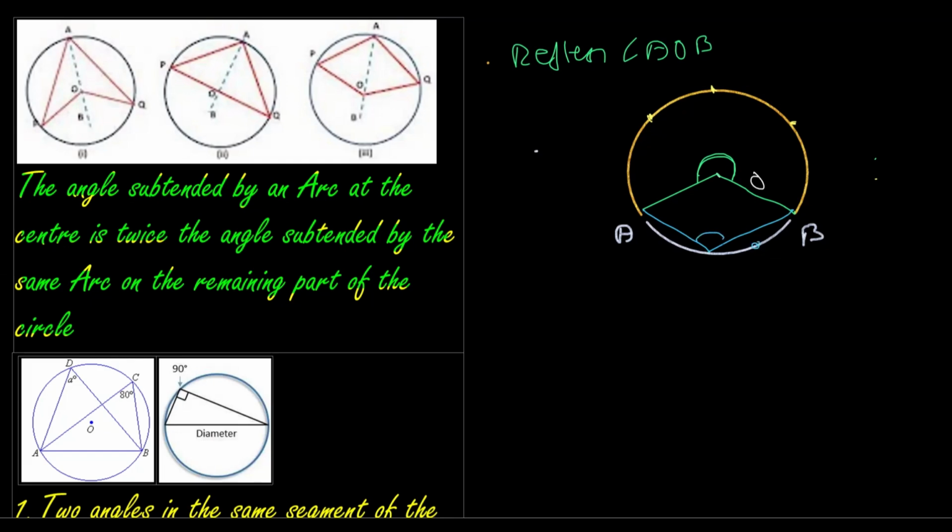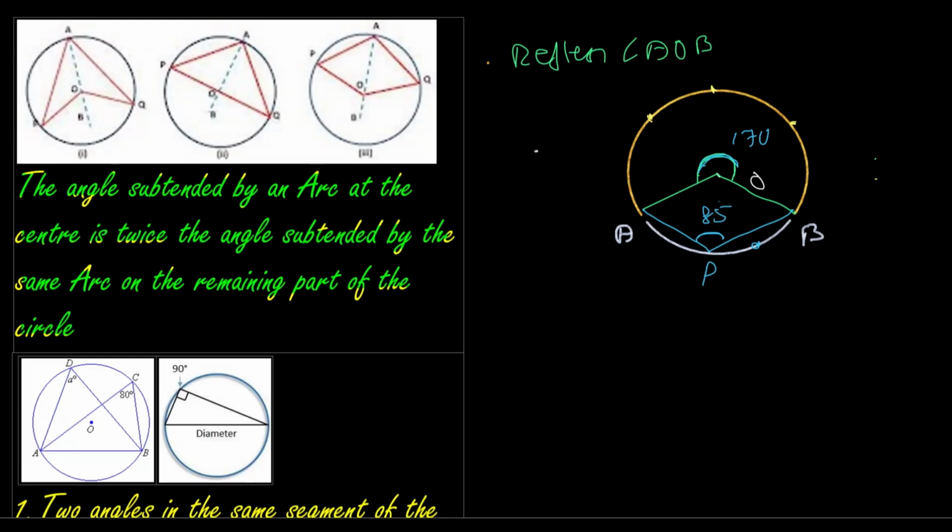Or if I take another point over here, it should be this. Assume this angle is 170 degrees. Since this angle is twice this one, this will be half of 170, that is 85.